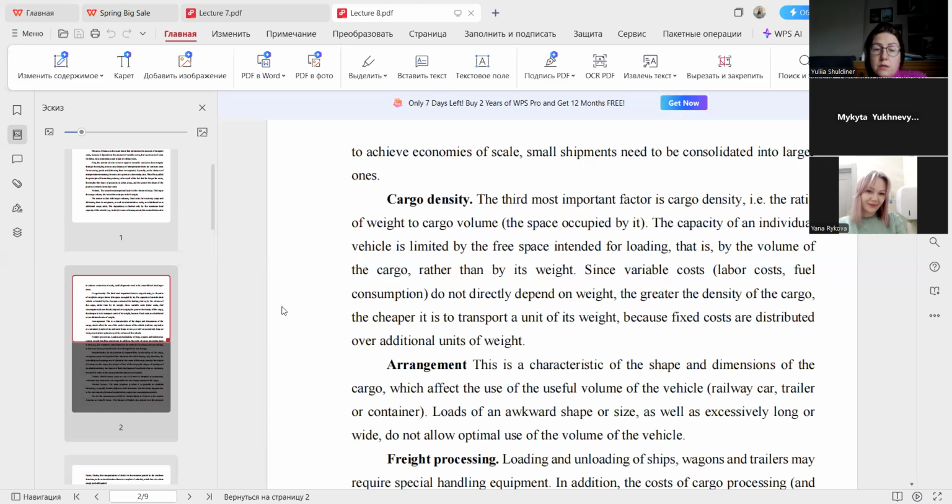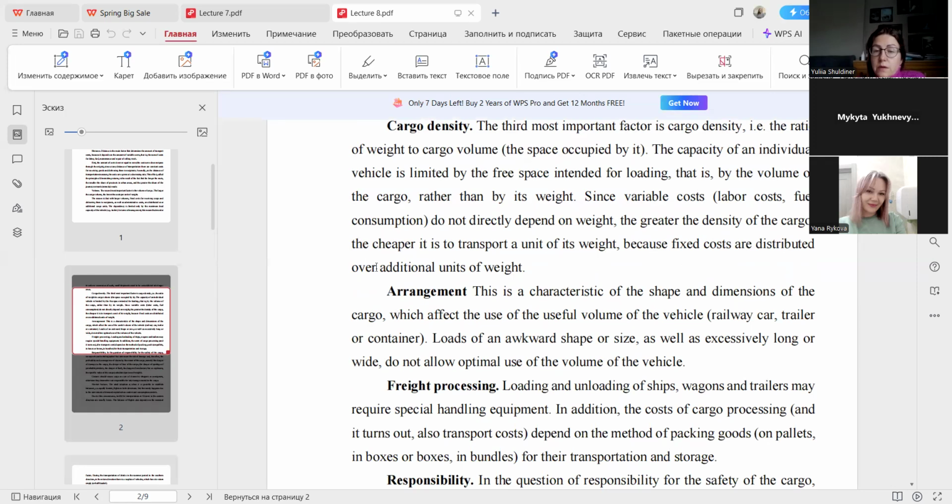Packing. This is a characteristic of the shape and dimension of the cargo, which affect the use of the useful volume of the vehicle, railway car, trailer, or container. Loads of an awkward shape or size, as well as excessively long or wide, do not allow optimal use of the volume of the vehicle.